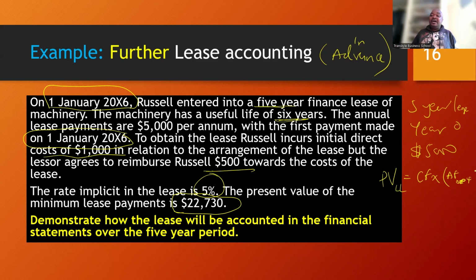If you simply pick the annuity factor for 5 years and multiply that one, you are going to get it wrong.